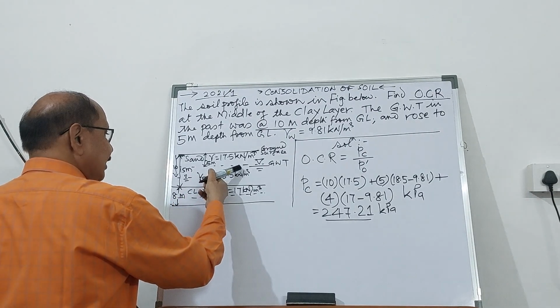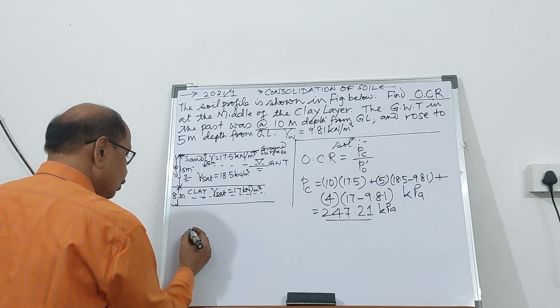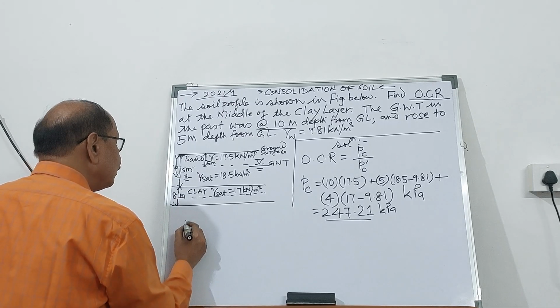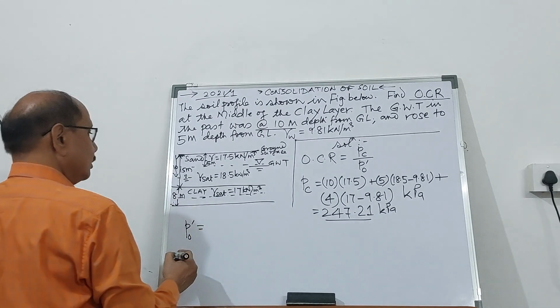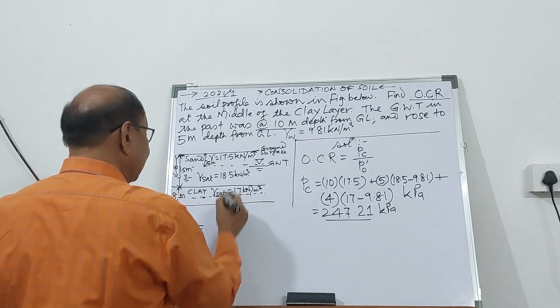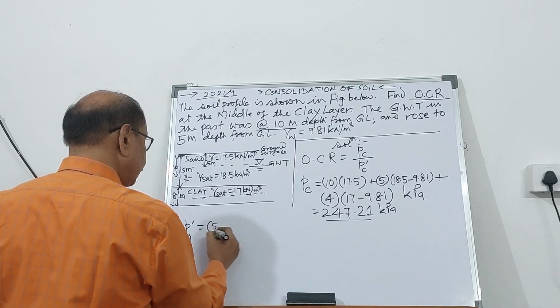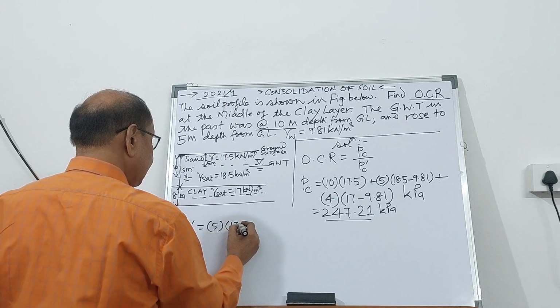Now, the present water table is at 5 meters. So find out the value of present overburden pressure. So up to 5 meter, it is 17.5.